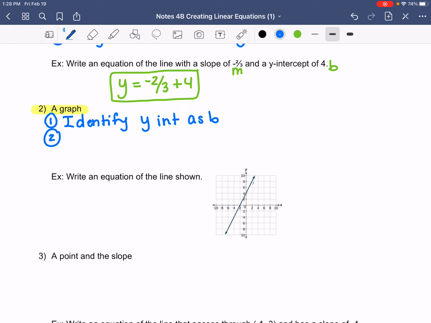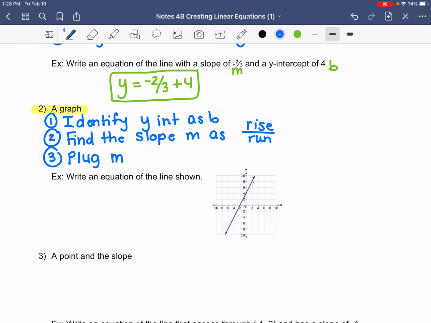So b should be pretty easy to identify on the graph, but the m, the slope, you might have to do a little bit of counting. You're going to find the slope using rise over run. And then the last thing you can do, just like the last problem, is plug your m and b into the equation.